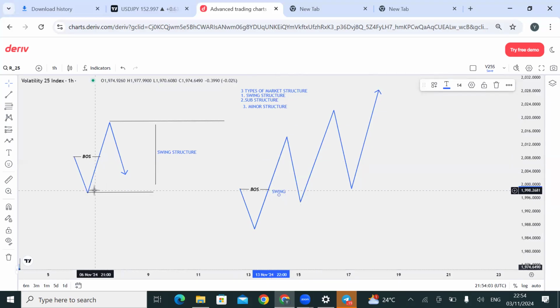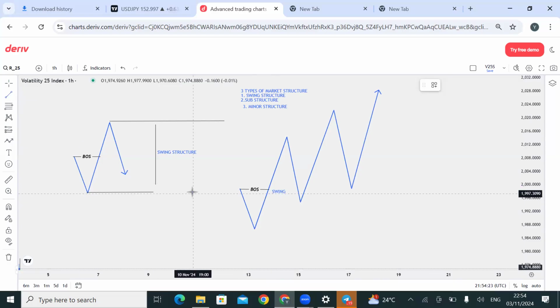That's what I showed you. A swing is this low to this high. That's a swing structure. Anytime price breaks a structure, the previous low that broke that structure to the highest point, that's a swing structure. You understand now? Forex is very, very difficult. But if you understand everything, it'll be very, very easy. So this is swing structure.